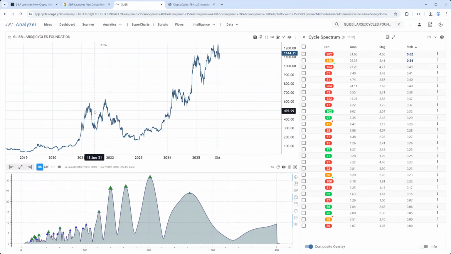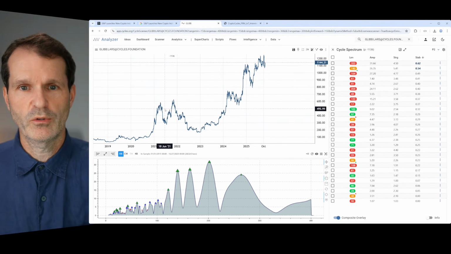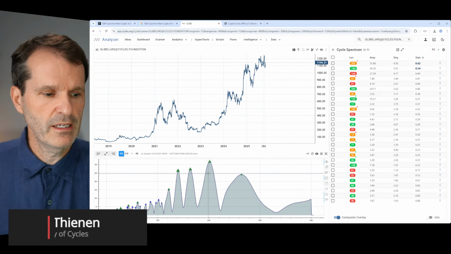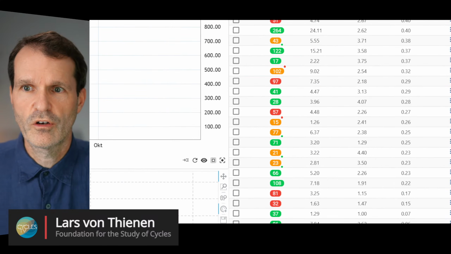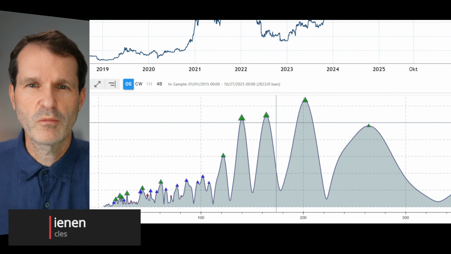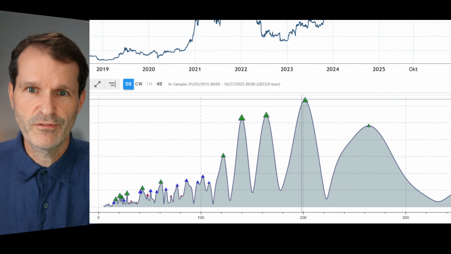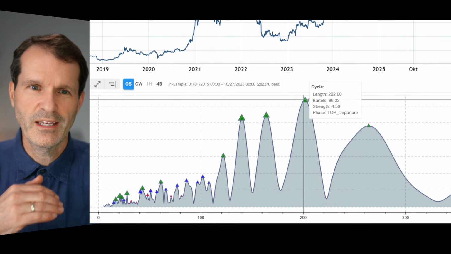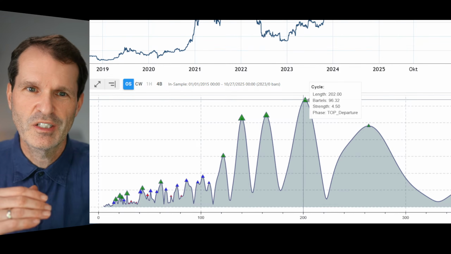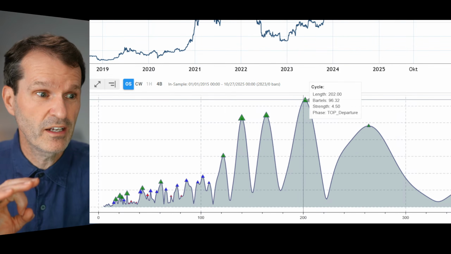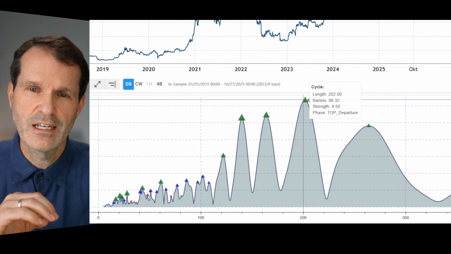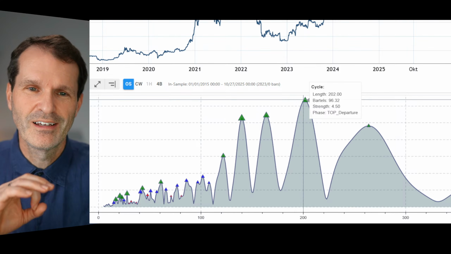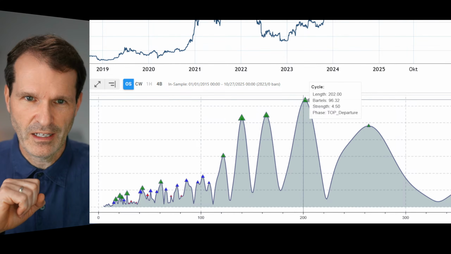What we're seeing down below here at the chart, hope you can just follow here, is the spectrum. And just following that spectrum here, we can identify one main important cycle, which is here seen at the bottom, which is a 202-day cycle, directly seen in the Bitcoin basket index here.